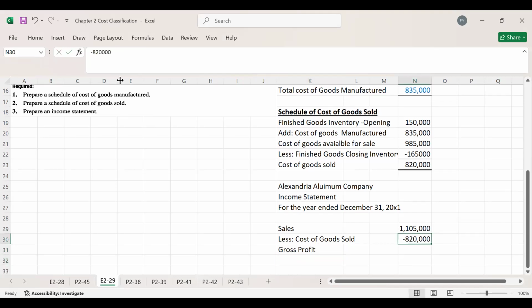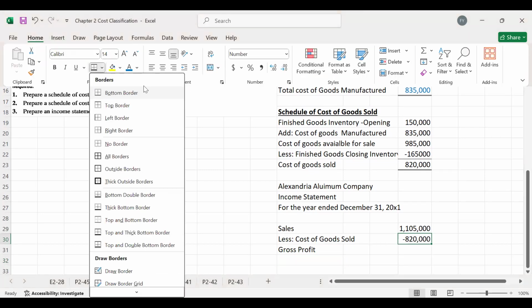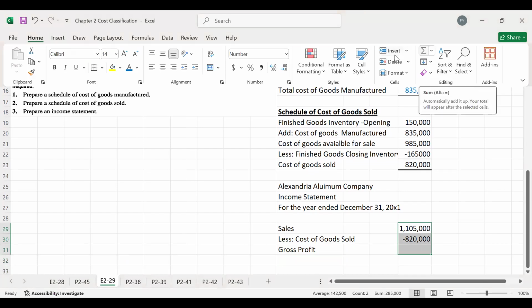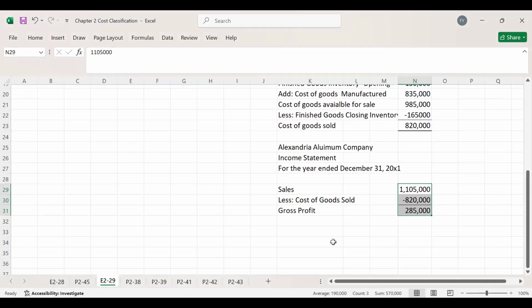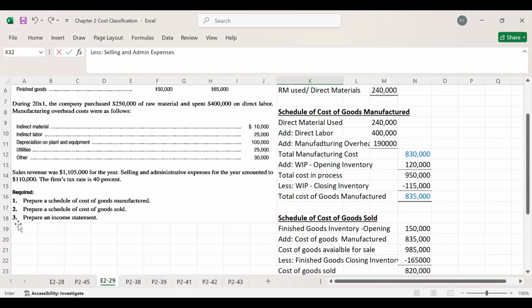So our gross profit would be, you can see, the gross profit is 285. Then we will deduct selling and admin expenses, which are also given, which is, you can see, $110,000.